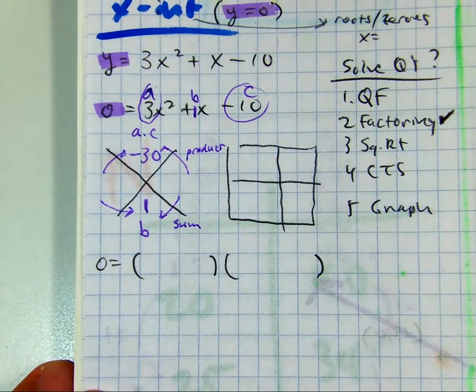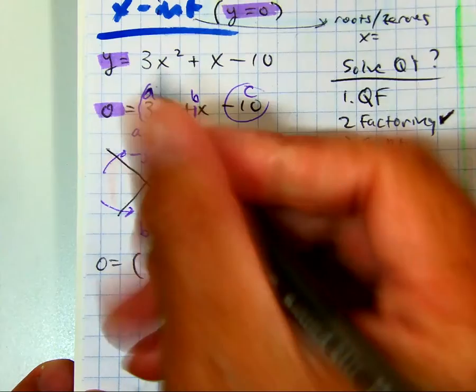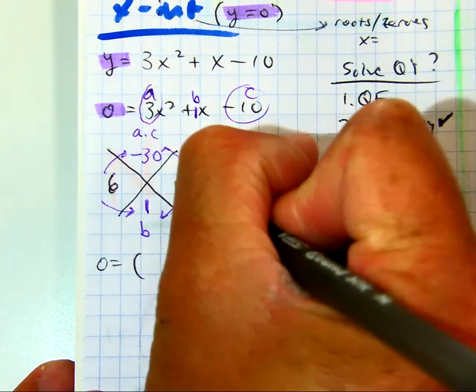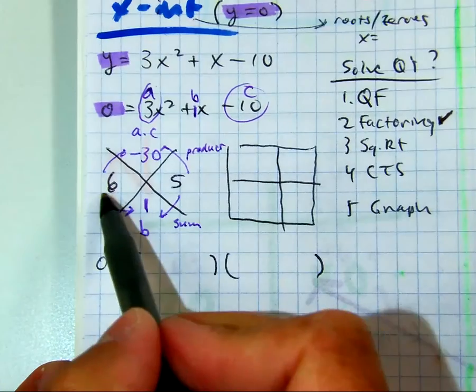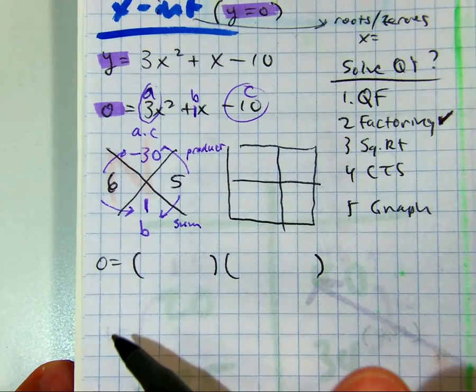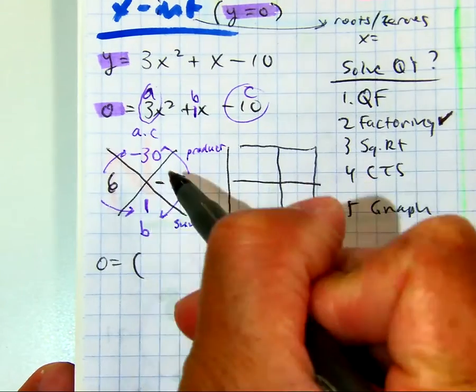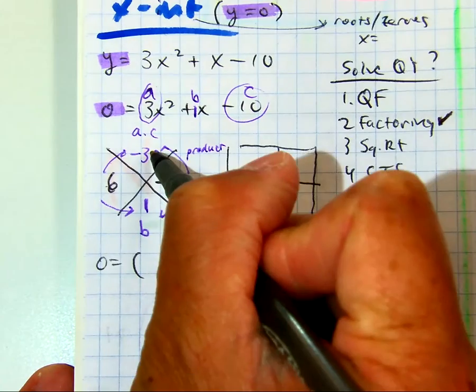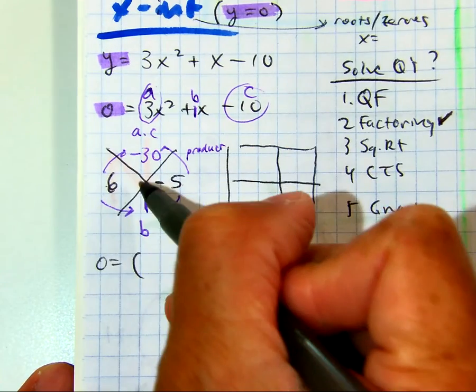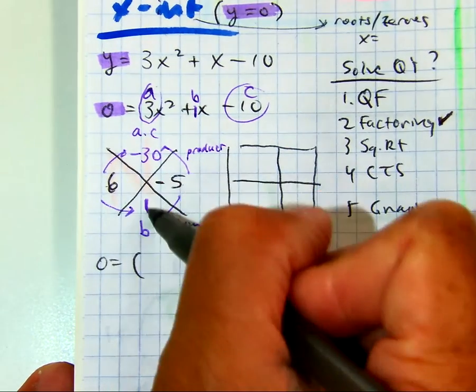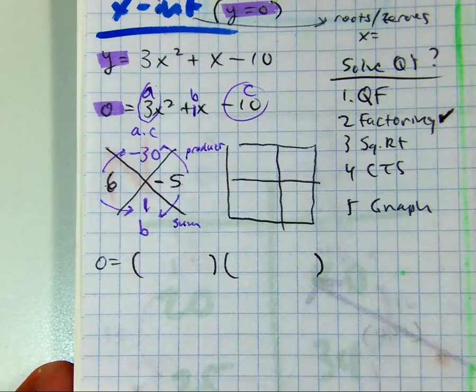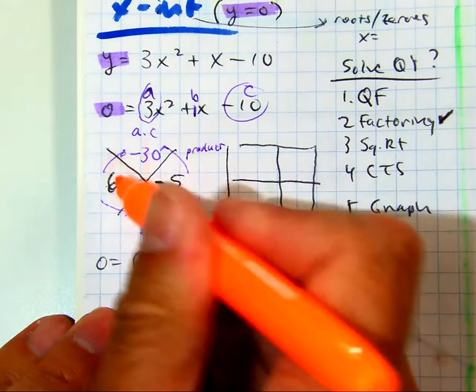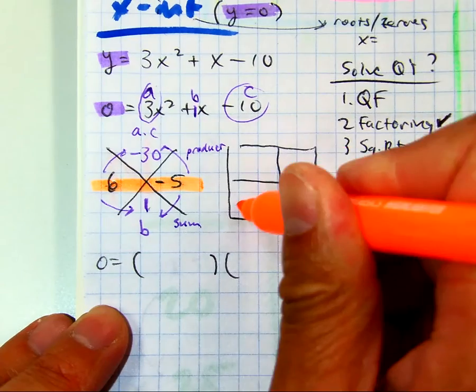Someone said 6 and 5. One of those has to be negative. Negative 5. 6 times negative 5 gives me negative 30. 6 plus negative 5, or 6 minus 5, equals positive 1. You take those two numbers and you put them in here.